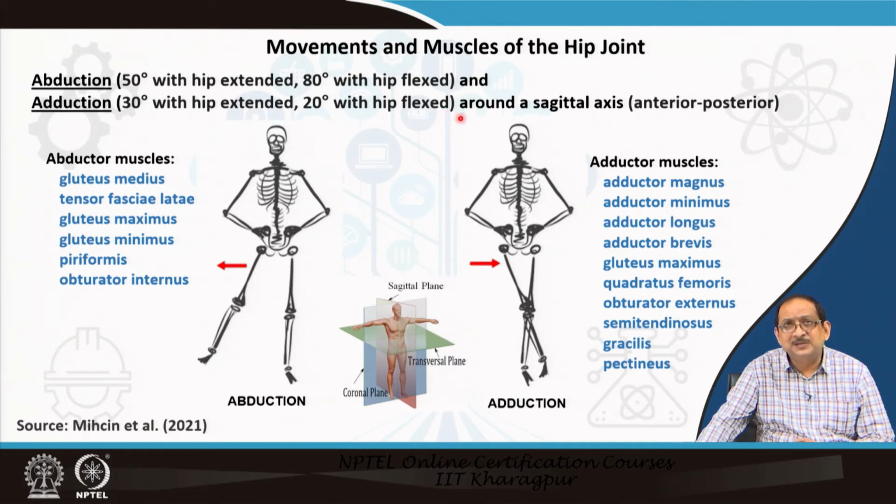So, these angles can be measured around the sagittal axis, which runs along the anterior to posterior direction. The abductor muscles are listed here, and the adductor muscles are also presented here in this slide.